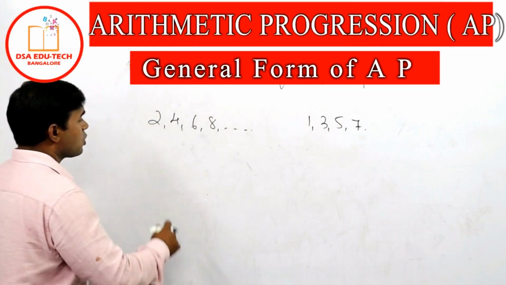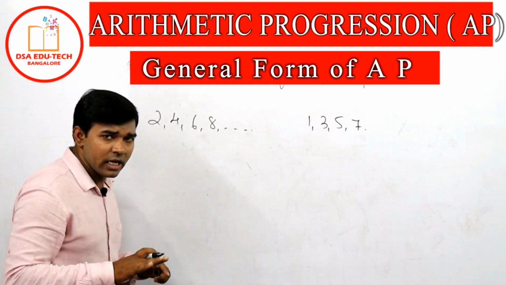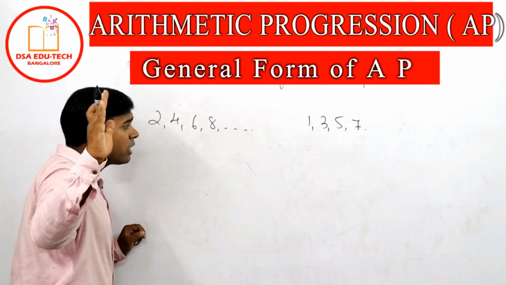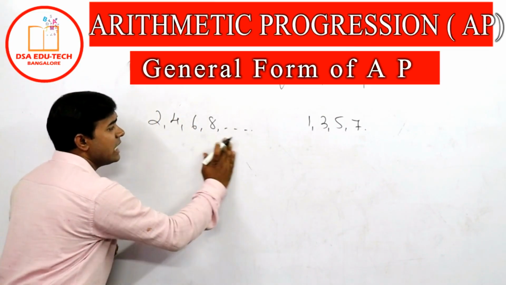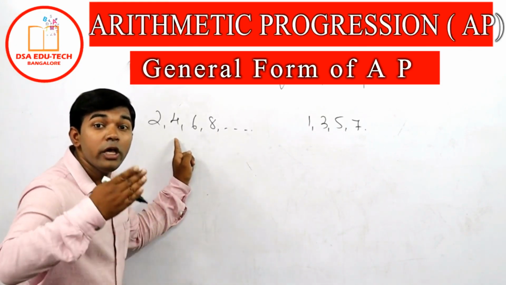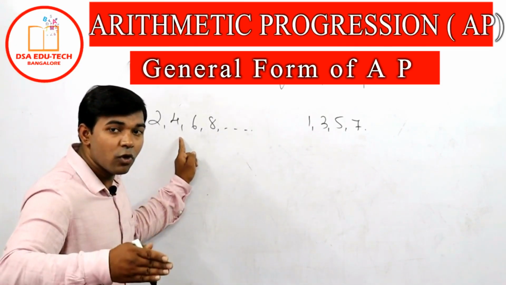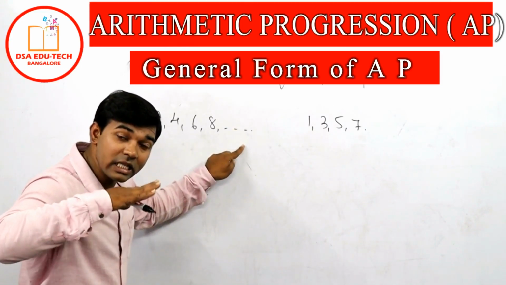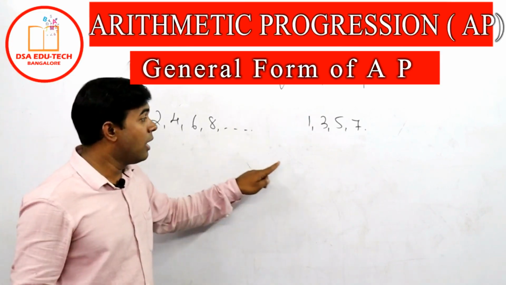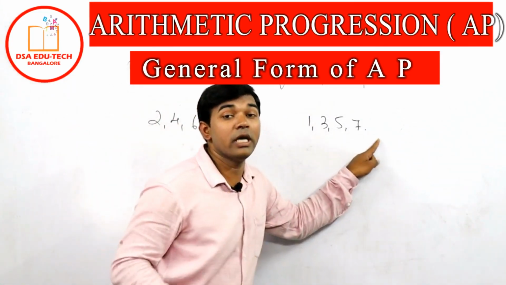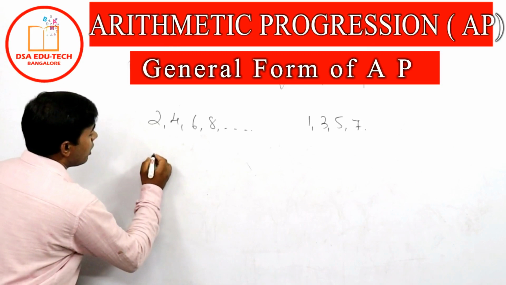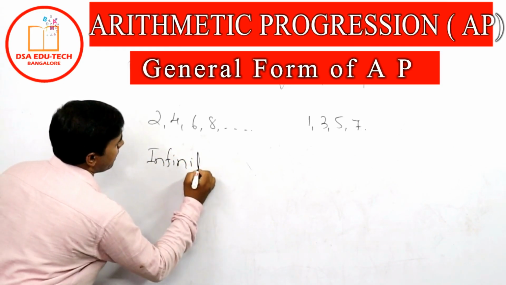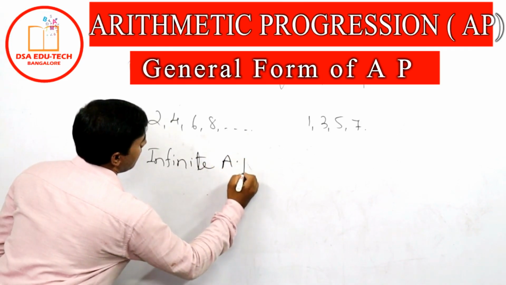You're getting? So here, do you observe any difference? Yeah, very good. We are able to notice that in this one the numbers keep going on, 2 comma 4 comma 6 comma 8 and so on. The numbers are infinite, it will go on, but here there is a stop. So this I will call an infinite AP.